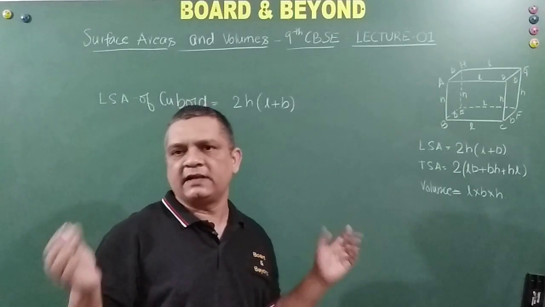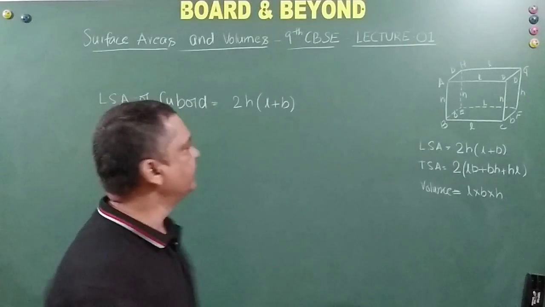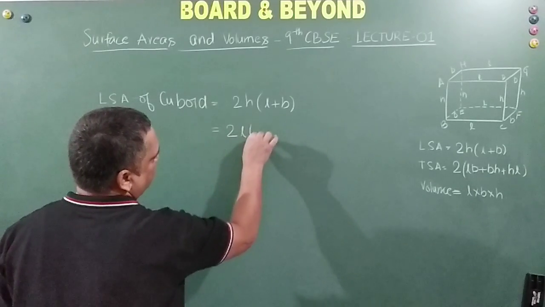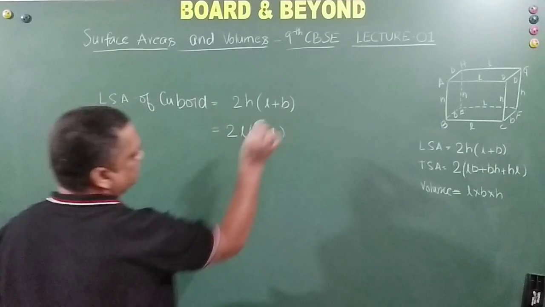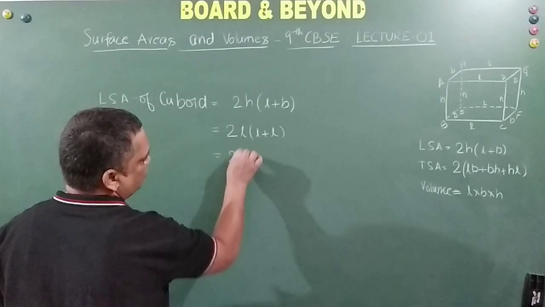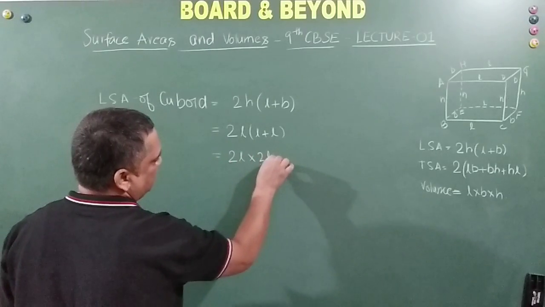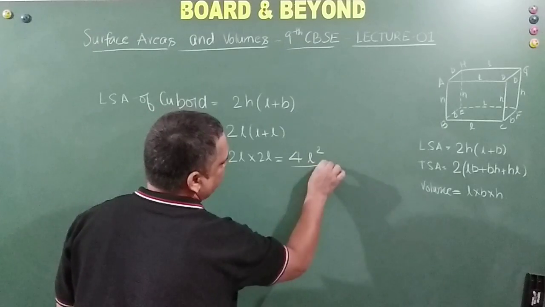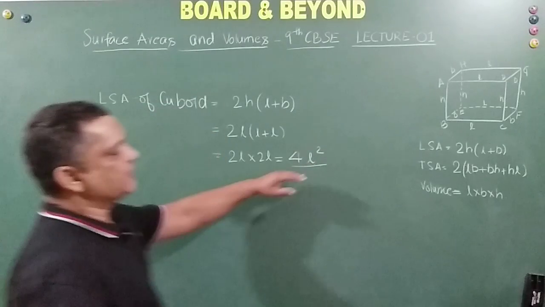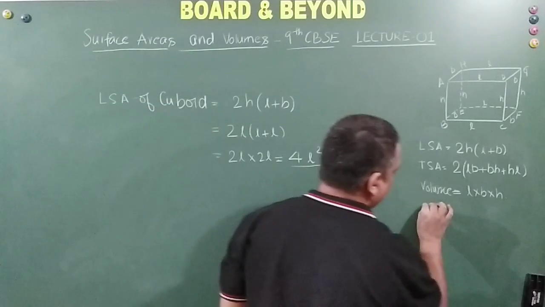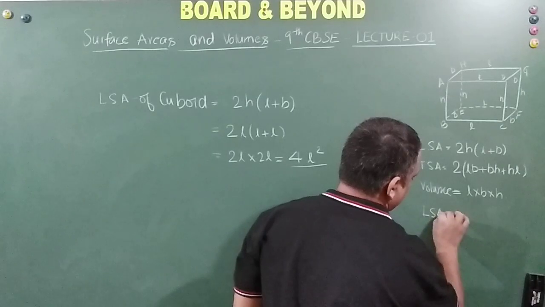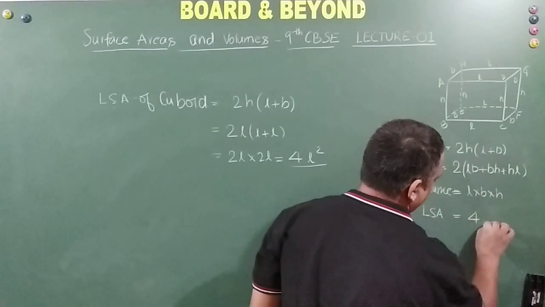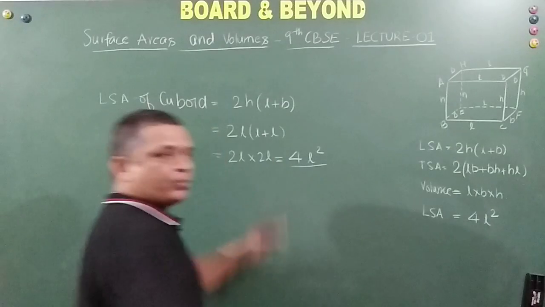You can consider it as L or A or whatever you feel like, right? So this becomes 2 into L plus L, right? So this becomes 2L into 2L, which is equal to 4L square. You are getting my point? So this is the lateral surface area of a cube. LSA of cube is nothing but 4L square. You are getting my point?